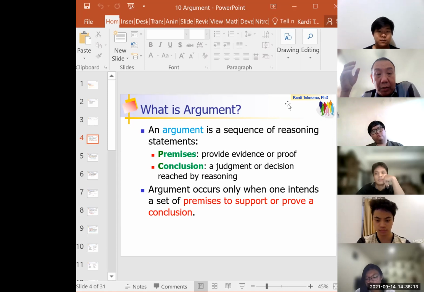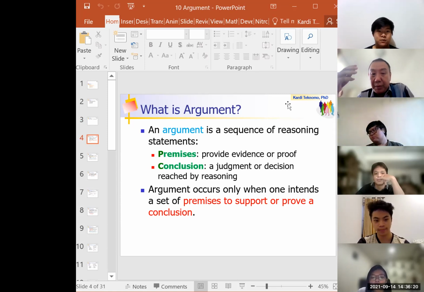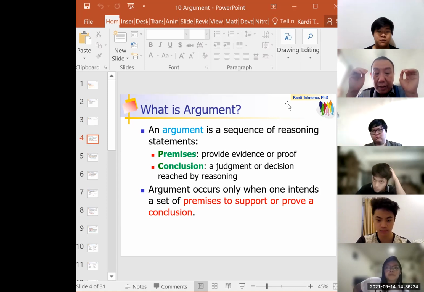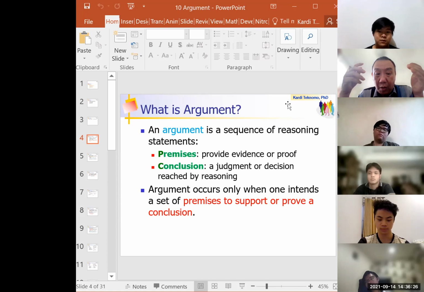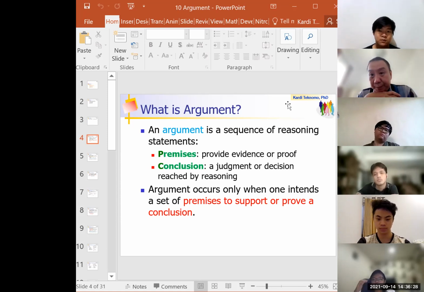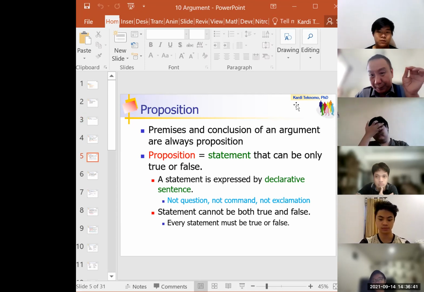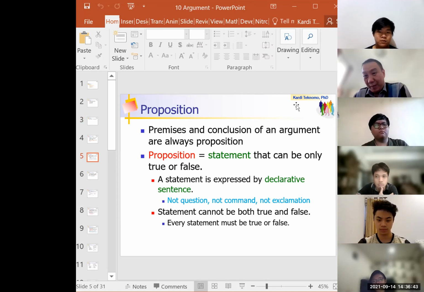The argument occurs only when you intend to set the premises. Again, premises and conclusion are statements that support or prove the conclusion. We call these statements propositions in the jargon.